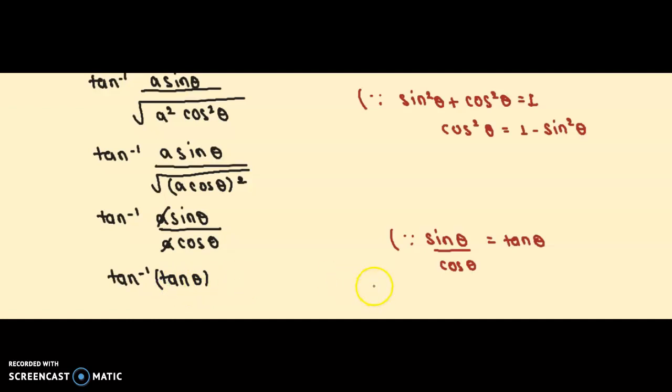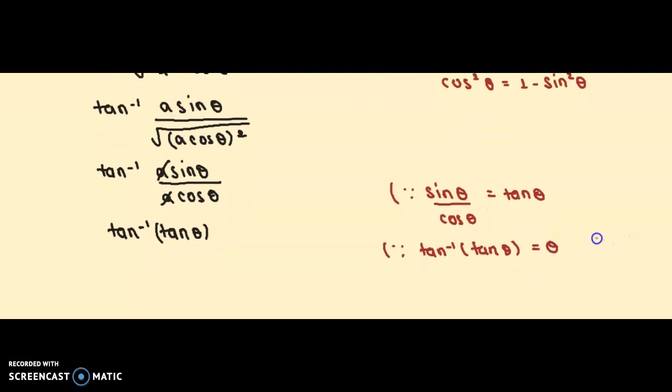Now there is another formula we are going to use: tan inverse tan theta is equal to theta when theta belongs to the open interval minus pi by 2 to pi by 2.